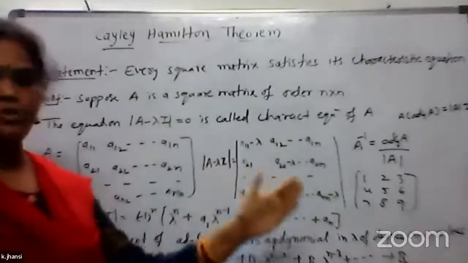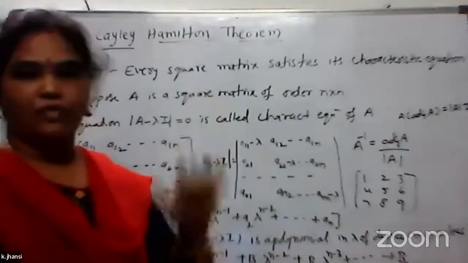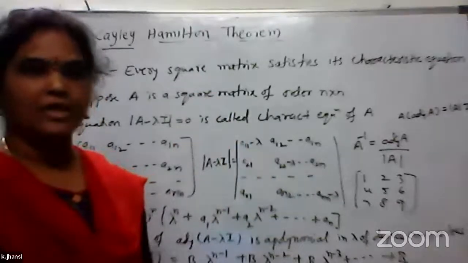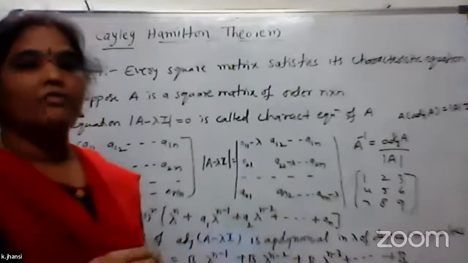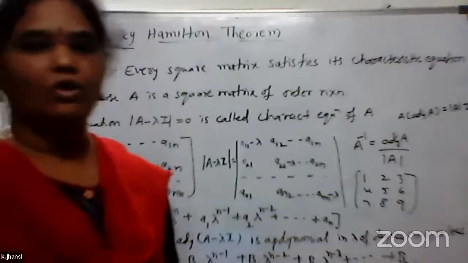So 9 minors you will get, and the minors will be of 2 by 2 order. So you will get 9 different elements, and if you put them in one matrix, called B, and do the transpose of that matrix, then it is called the adjoint of a matrix.